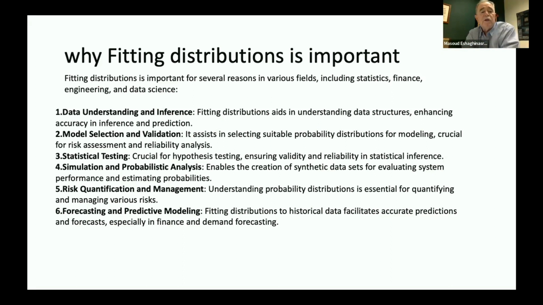For example, if you want to find a predictive model, you need the best fitting distribution for that coin, because you cannot use the coin if you don't know what the best fitting is. For example, for risk management, you need that. For statistical testing, you need that. For any part, you need that too.